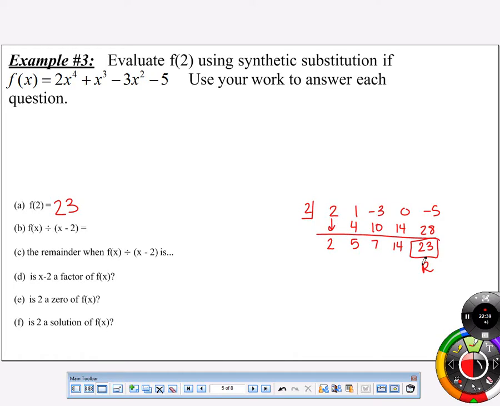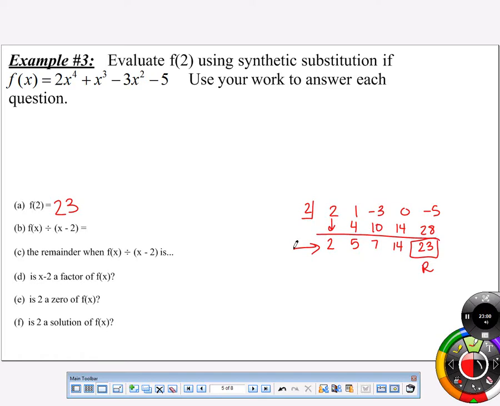A little confusing, okay? But what it means is if 2 is the number right here, the remainder is the number I get when I plug 2 into the equation. But it also tells me if I'm taking the equation and dividing it by x minus 2, right, where 2 would be a 0, this whole thing is the polynomial that I'll get as an answer.